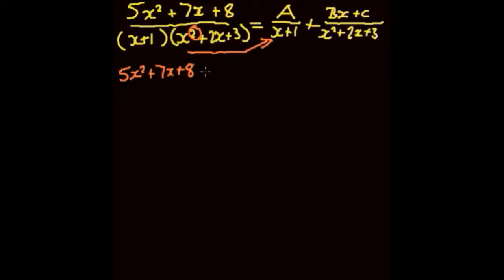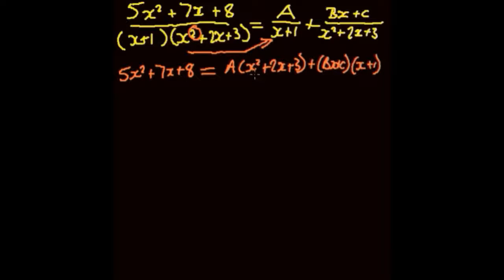Because we're multiplying by that denominator, it is cancelled, and on the right hand side I'm going to have a into x squared plus 2x plus 3 plus bx plus c into x plus 1.